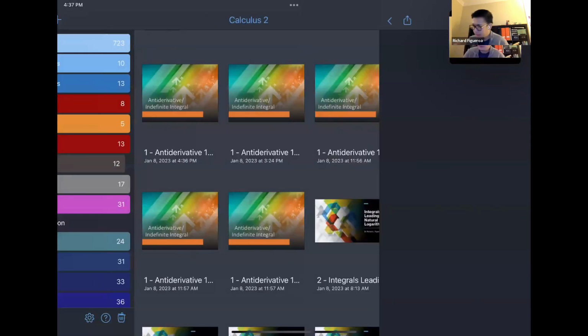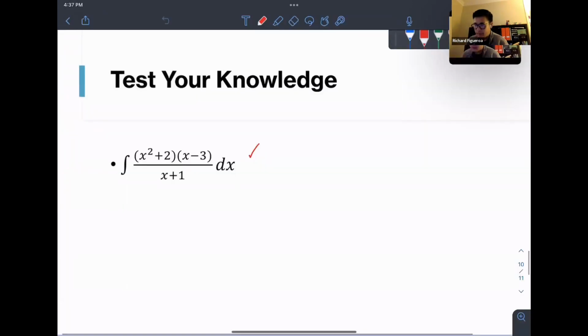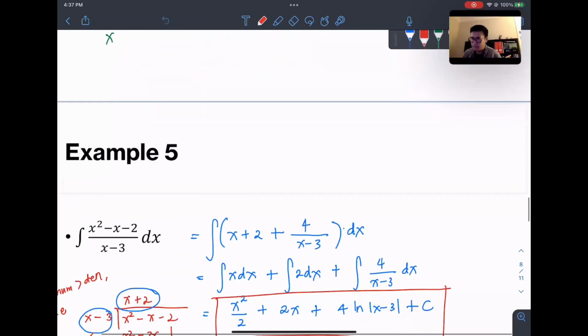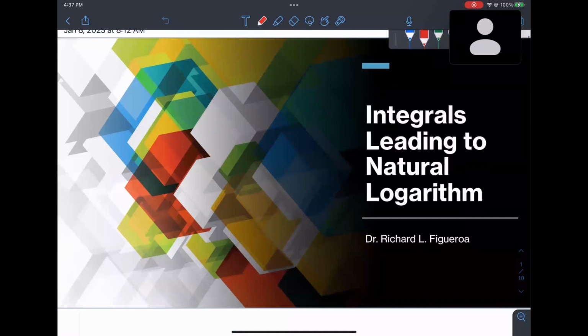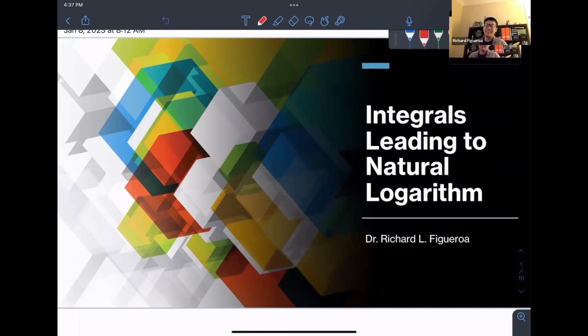Okay, so we'll proceed with our next topic. Sir, question po. Yes. For the assignment po, if may sarili po kaming paraan po to write the solution, is it okay po if yun po ang gagamitin? Yes, pero okay lang yun.